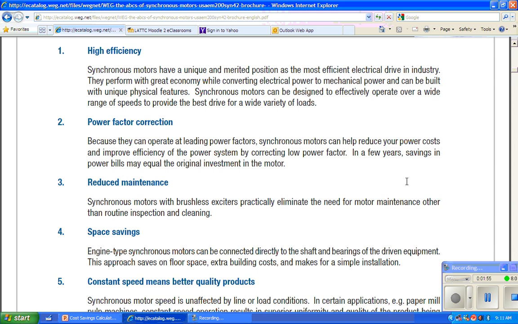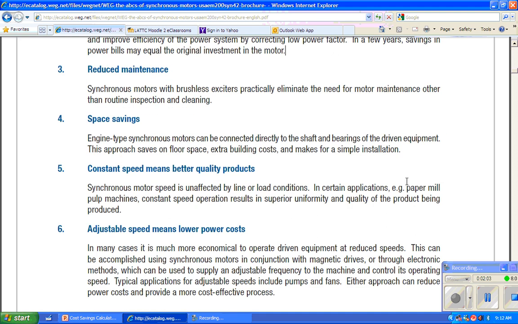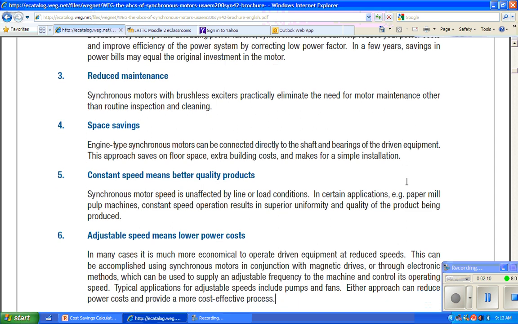Reduced maintenance, space savings, constant speed can be an advantage, because they turn synchronously, meaning at the speed of the rotating magnetic field, because they're locked up. They don't have slip.